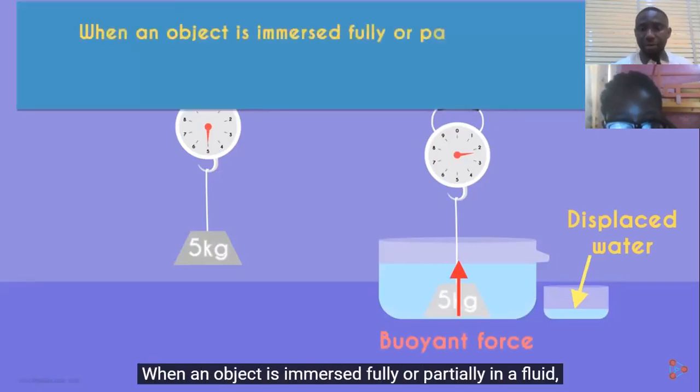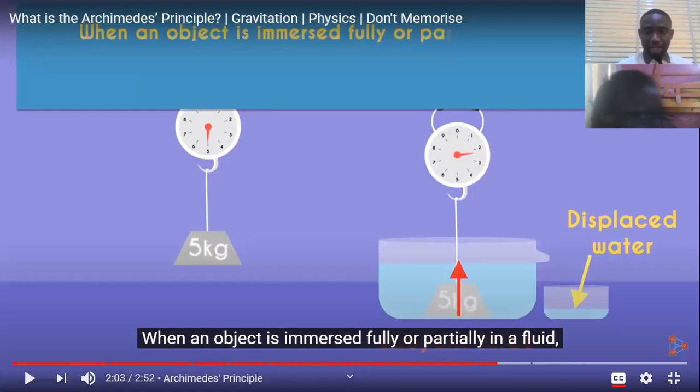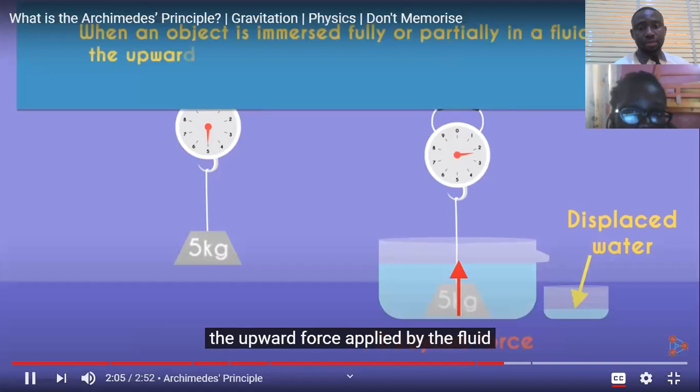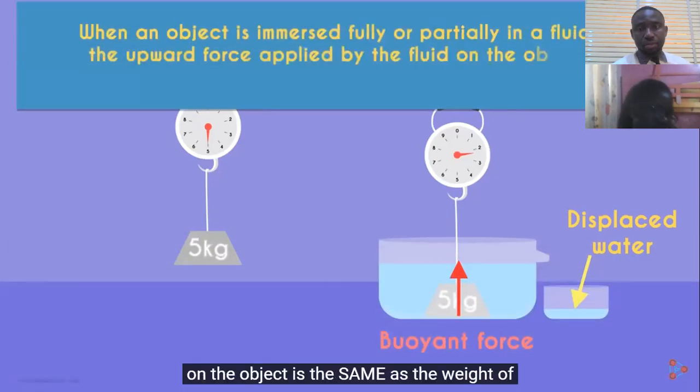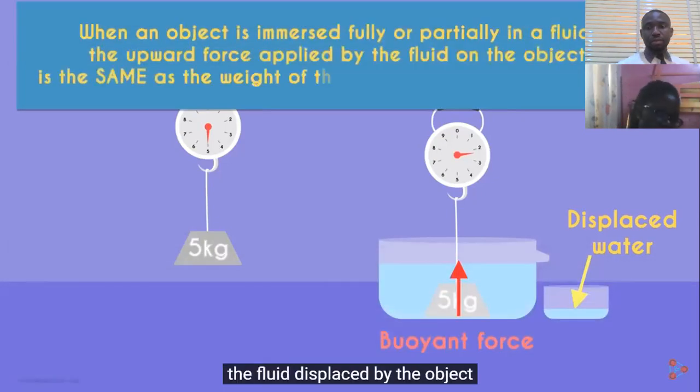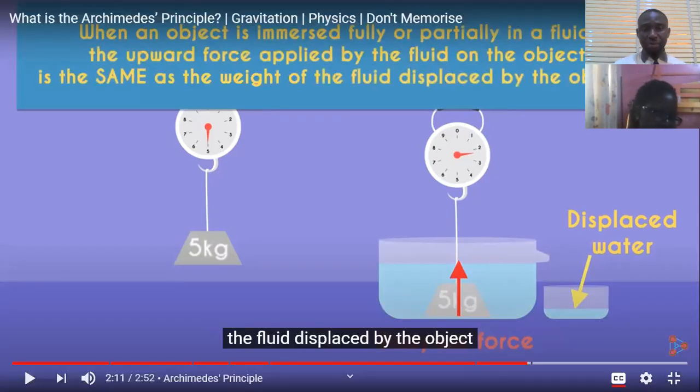When an object is immersed fully or partially in a fluid, the upward force applied by the fluid on the object is the same as the weight of the fluid displaced by the object. Please write this. This is Archimedes' principle. When an object is fully or partially immersed in a fluid, it could be a liquid, it could also be a gas. So put in brackets liquid or gas.